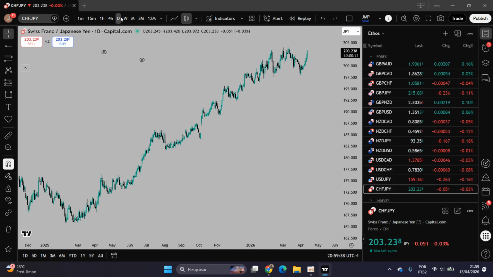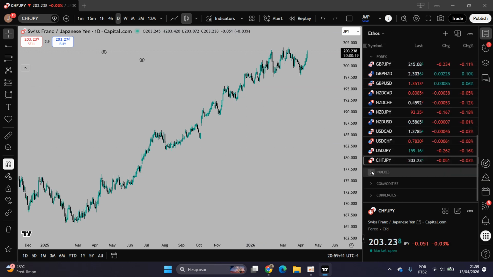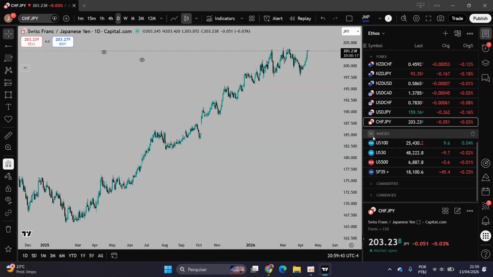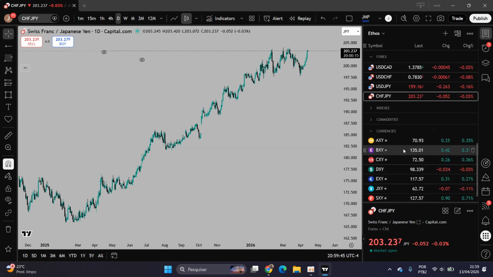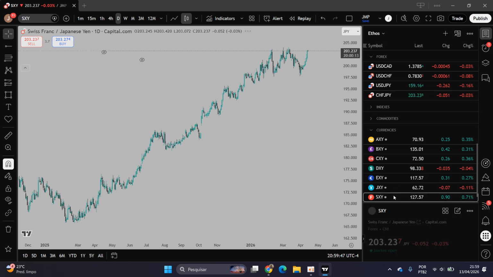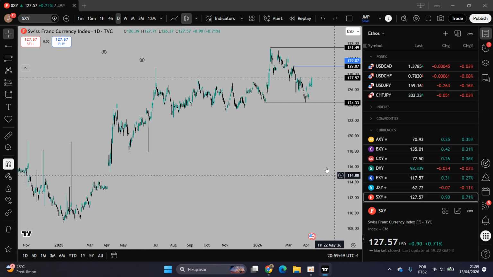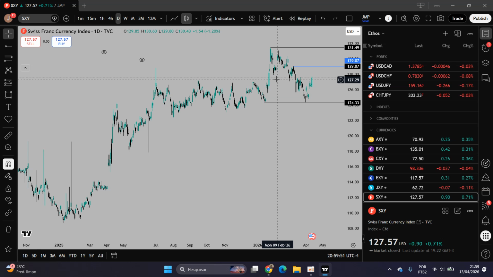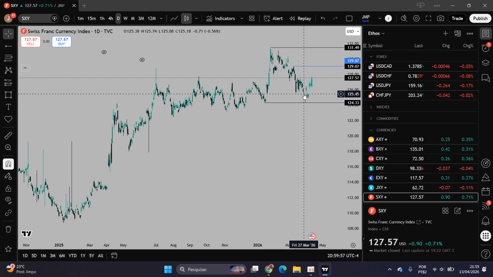Yeah, CHFJPY is a pair that, but CHF, I would like to see the currency. Let me see the currency. Oh yeah, CHF's looking great, because we got this rejection from this level right here.